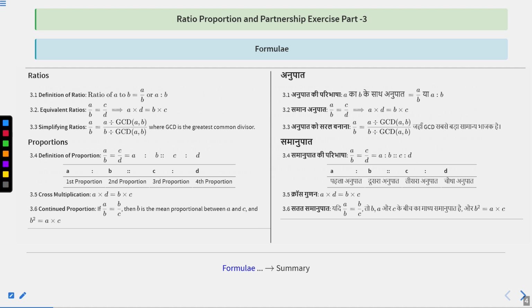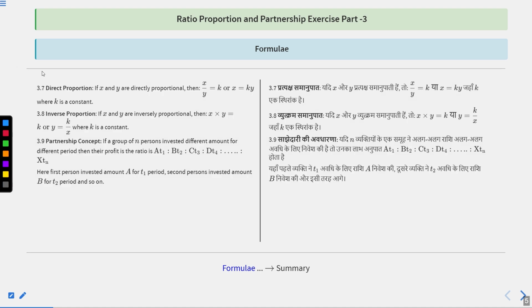Continued proportion or mean proportion: if A upon B equals B upon C, then B is the mean proportion of A and C, and B square equals A into C. Clear? Now let's see the next formula.